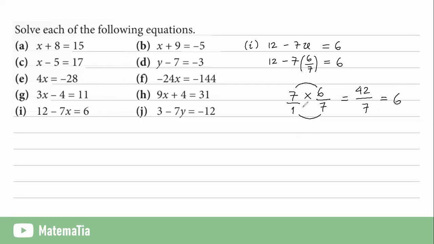So we have 42 divided by 7 is equal to 6. Or if you want to calculate faster, just divide 7 by 7. We know that 7 divided by 7 is equal to 1, right? Or we just do the cancellation method. So we only need to count 6 divided by 1, so it's equal to 6.